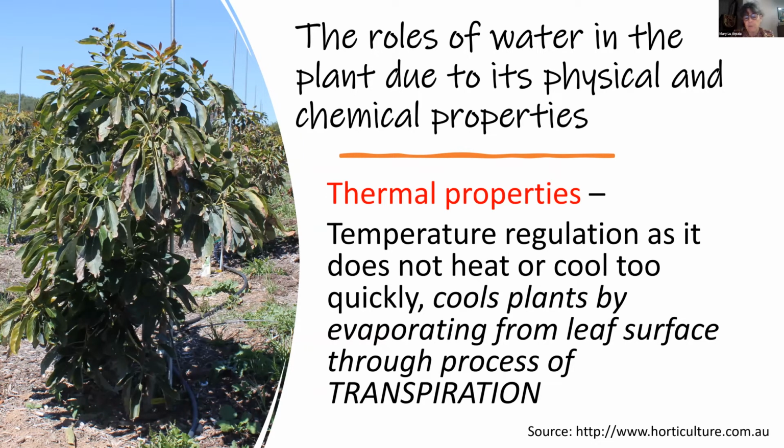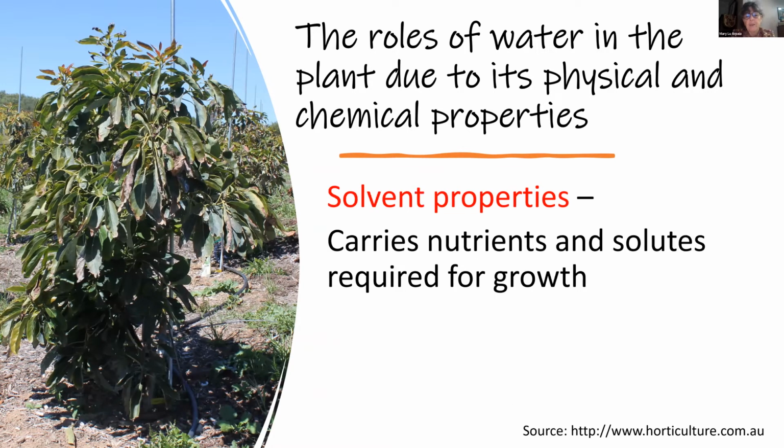This process is called transpiration. The other thing is that water is what moves nutrients and solutes throughout the plant as it moves up the xylem tissue and through the phloem after photosynthesis.